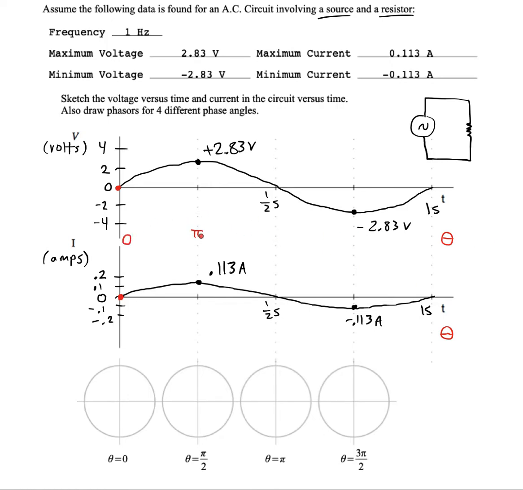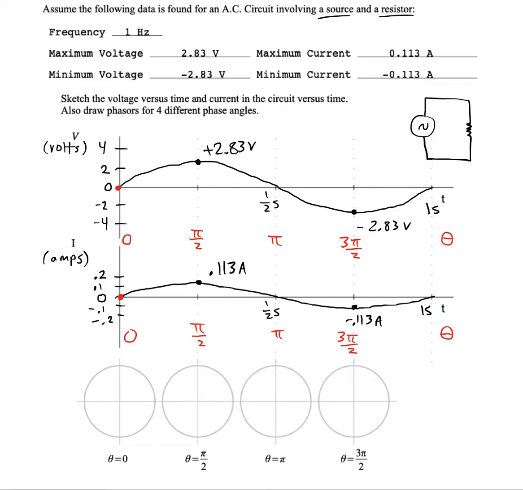This will be a phase of pi over 2, a phase of pi, and 3 pi over 2 here. Notice how the current and the voltage are always in phase. And this is going to be reflected in our phasors as well.